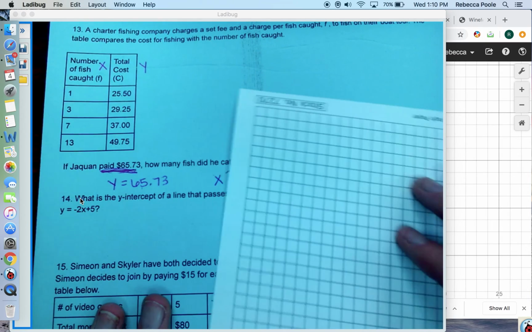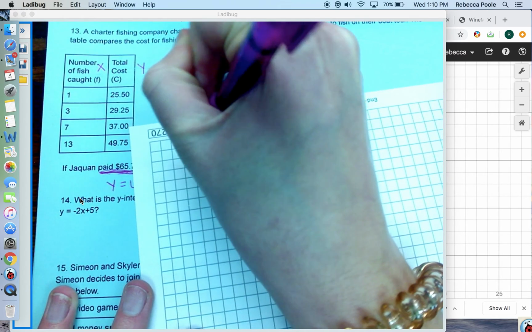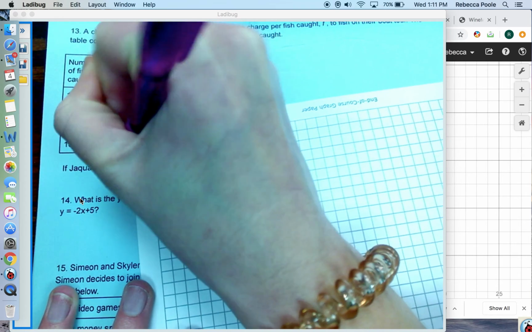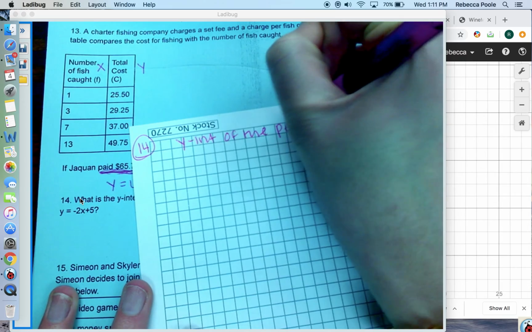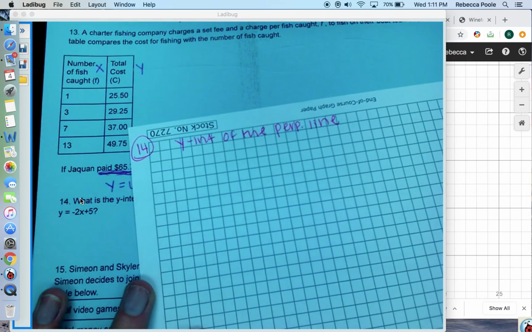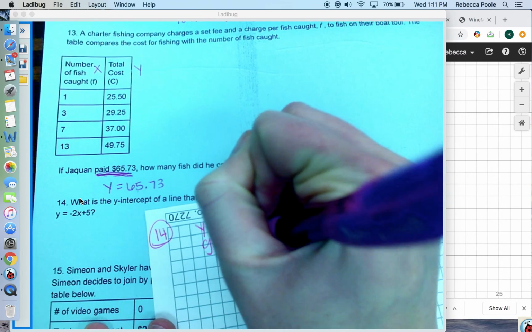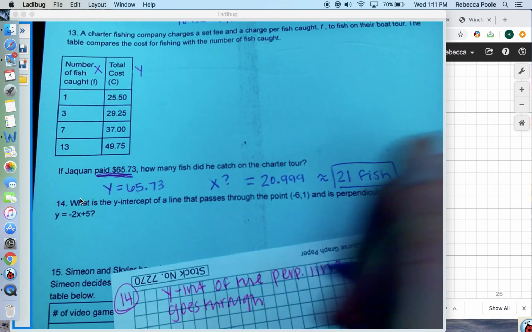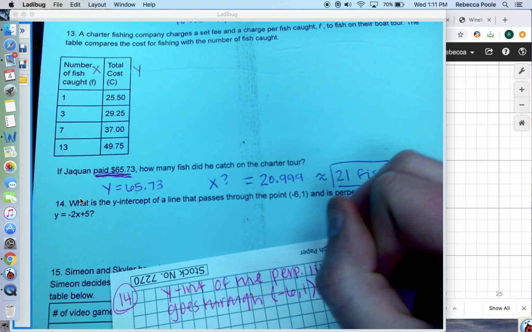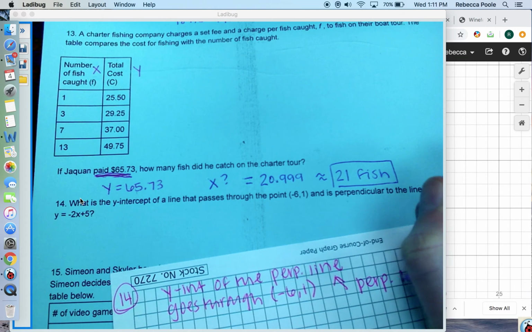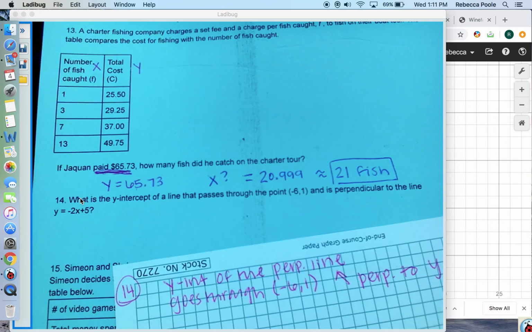We're looking for the y-intercept of the perpendicular line that goes through -6, 1, okay, and it's perpendicular to y equals -2x plus 5.